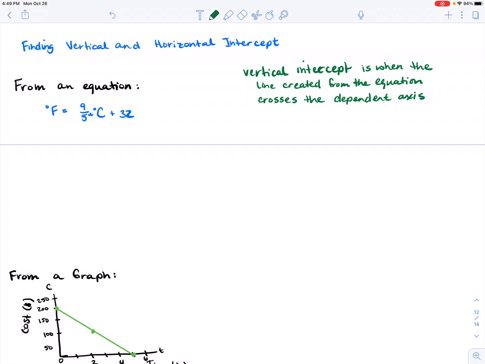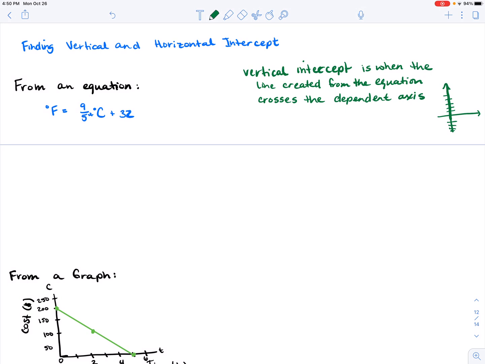So if you're using x's and y's, it is our vertical. It's where it crosses somewhere on here on our axis. It could be negative, somewhere on that line. So that means that our independent variable has to be 0.